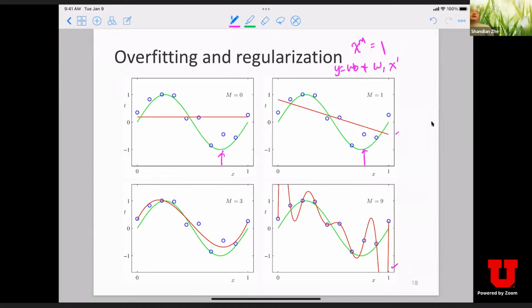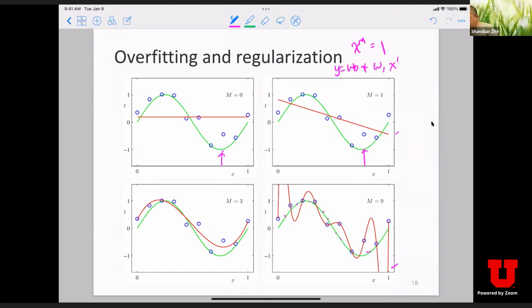So overfitting means that you fit the training data very well, meaning your prediction error on the training data is very small, but your prediction error on unknown examples, test examples, is very large, right? If you look at the case where m equals 9, if you randomly pick any examples different from the training set, you can imagine that the test error will be very, very big.